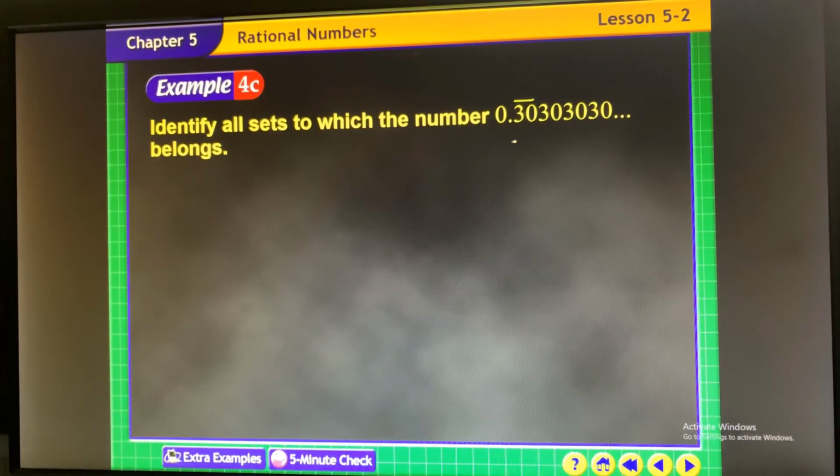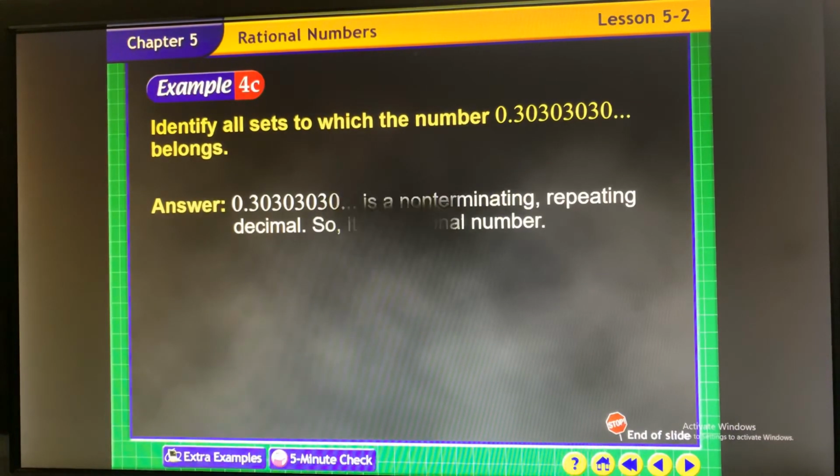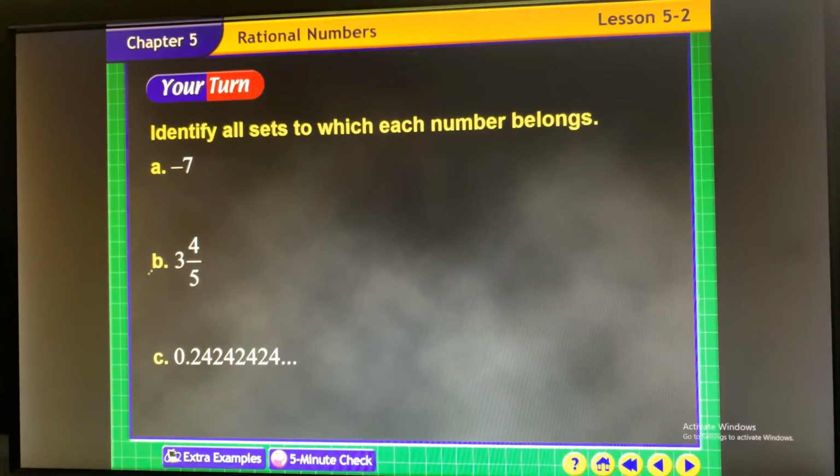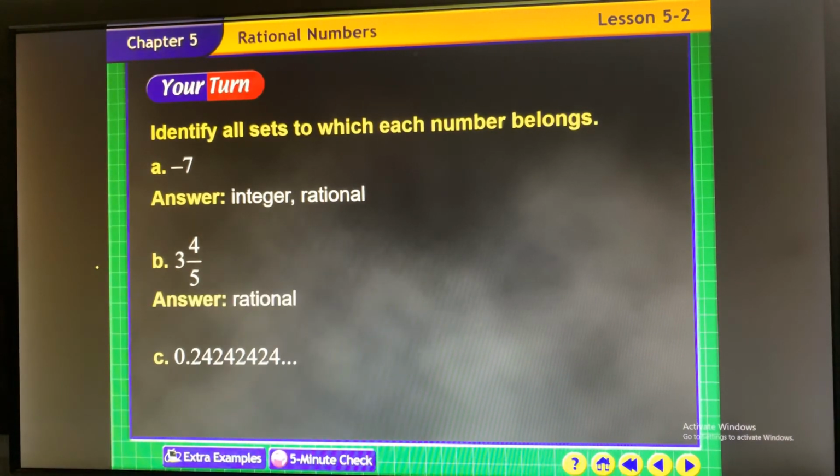The only repeating numbers are rational. Because remember, if 2 numbers repeat, it's over 99. If it can be a fraction, it's rational. -7, it's not natural, it's not whole, but it is an integer and rational. 3 4/5 is a fraction, so it's rational. Repeating 24 hundredths is rational. And that's it.